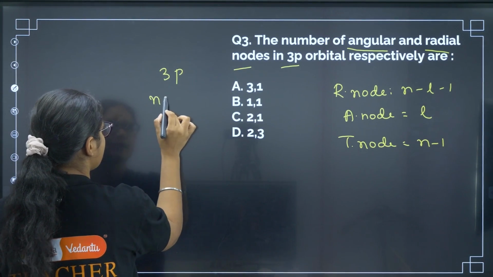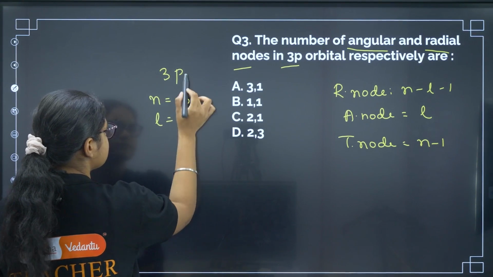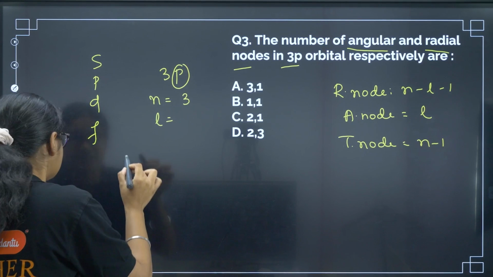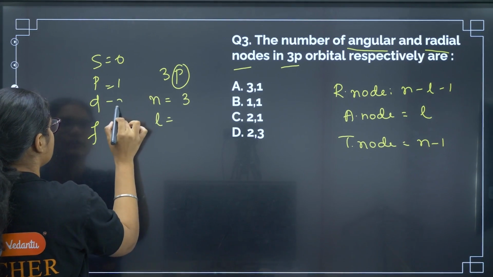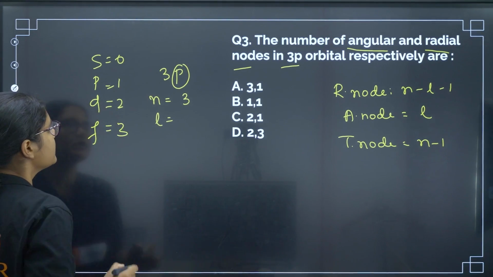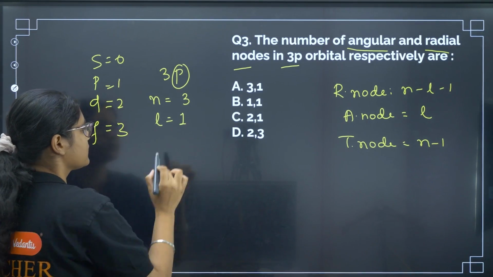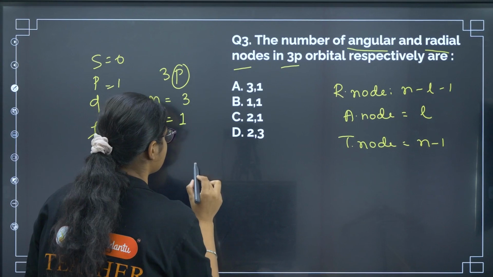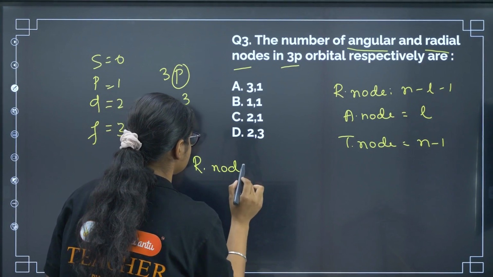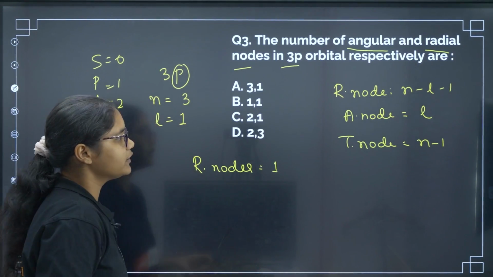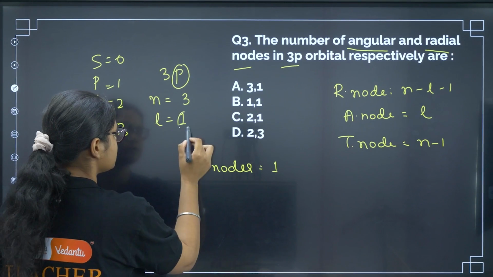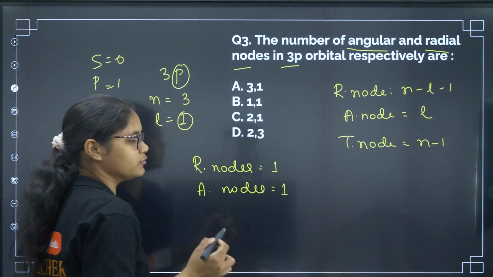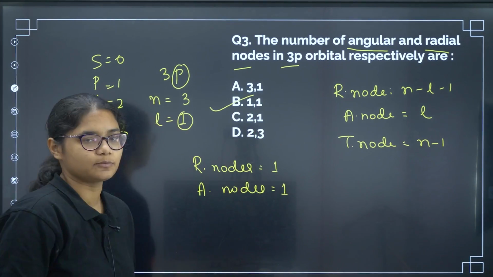So here n value is 3, and l value for p is 1, since s stands for 0, p for 1, d for 2 and f for 3. So if we calculate 3 minus 1 minus 1, that will be 1. So the number of radial nodes is 1. Angular nodes is l, so that is also 1. The total number of nodes will be 2. So the correct answer for this question is option number B.